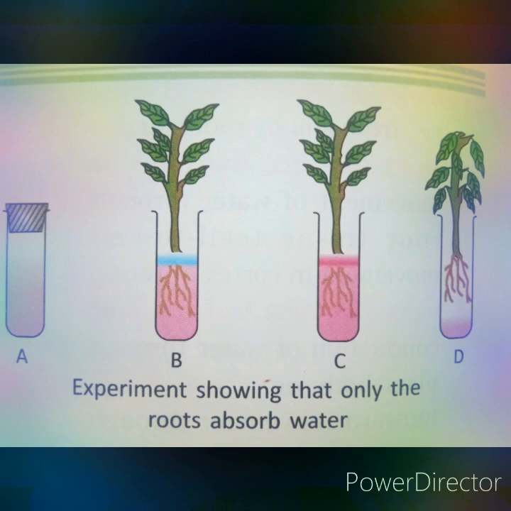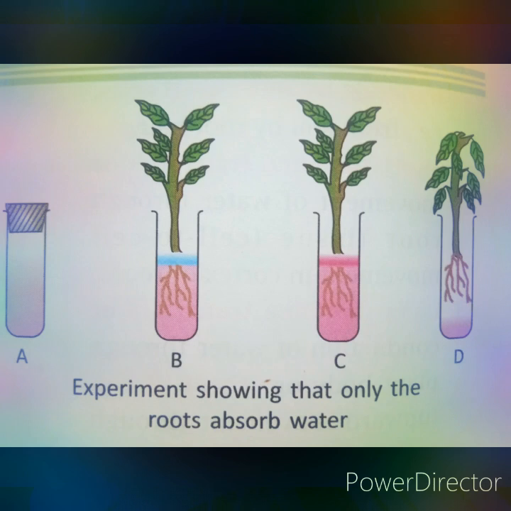After some time, we will make our observations. In test tube A, the water will remain unchanged. There will be no absorption of water and no loss of water, because the cork is fitted in test tube A, so evaporation also will not take place. In test tube B, the water is absorbed by the plant, so the water level will go down, but the evaporation will not take place, because the mustard oil is introduced in that test tube and only the absorption by roots is taking place.